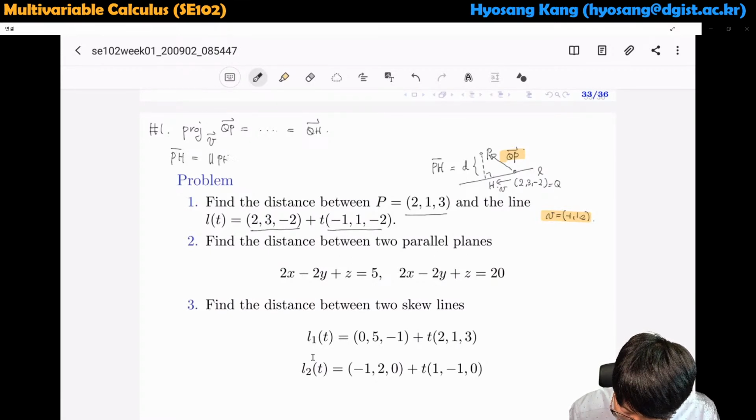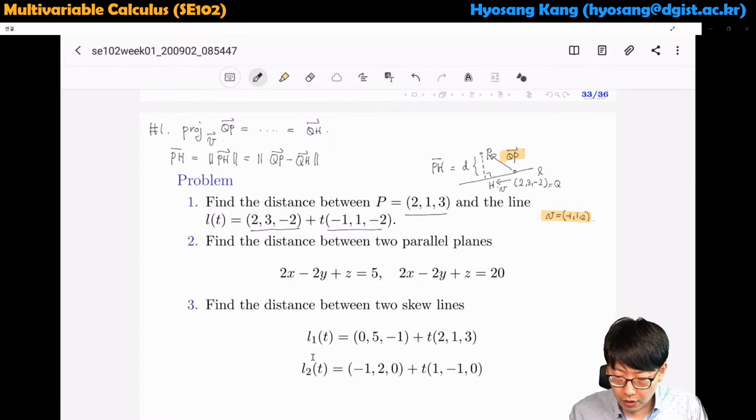But the PH vector is given by the QP vector minus the QH vector. Okay, so we know what the QP vector is. That's given in the problem. And by taking the projection, we get the QH vector. Just subtract that and then take the norm of the result. You get PH.